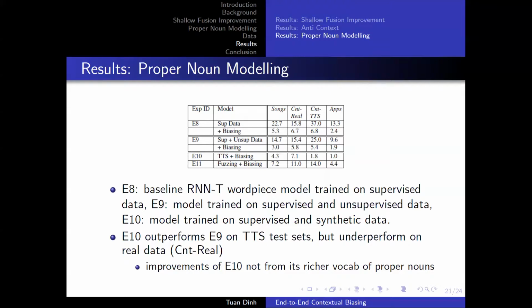E10 outperformed E9 on TTS datasets, but underperformed on real data. It indicates that the improvement of E10 on TTS datasets is from the matching between synthetic training data and TTS datasets instead of its richer vocabulary of proper nouns.